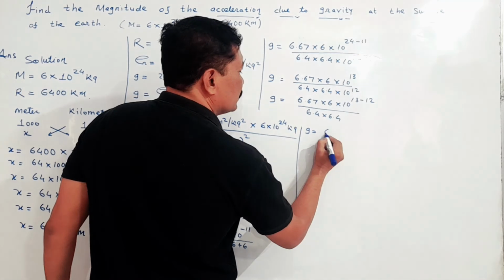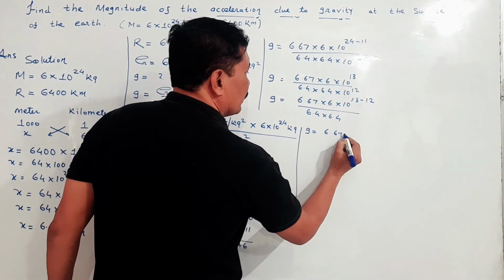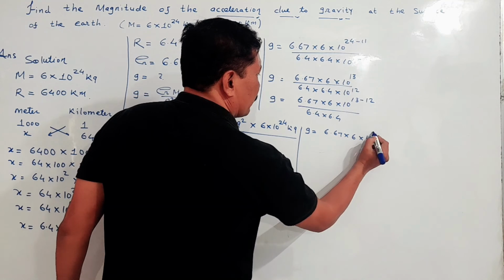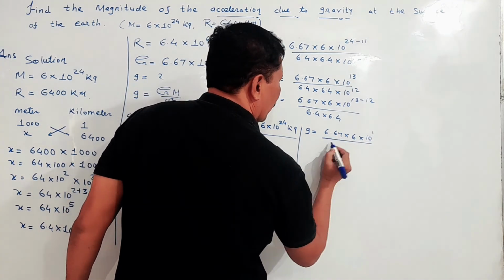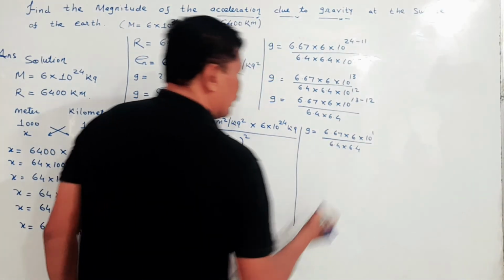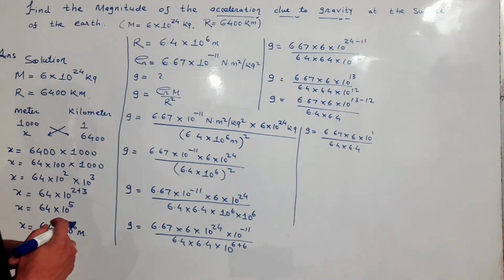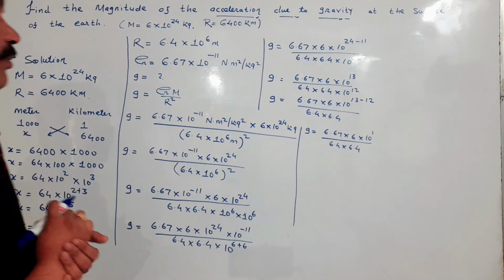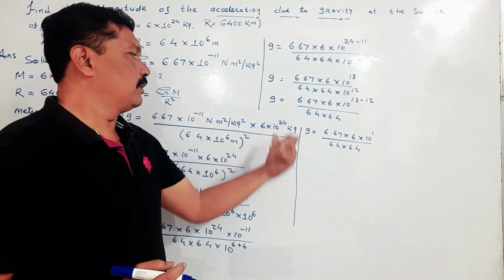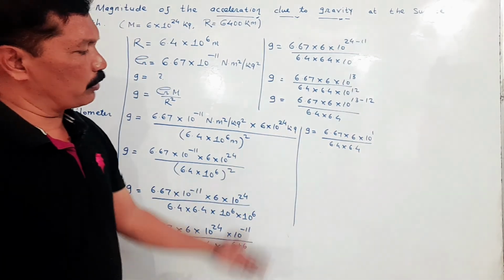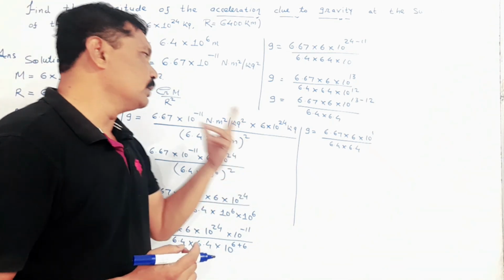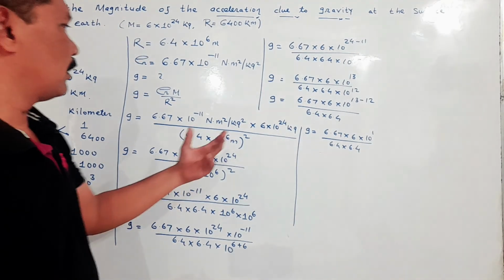g is equal to 6.67 into 6 into 10 to the power 1 upon 6.4 into 6.4. My dear student, here if you study this step, we have to remove the point, and the point we have to remove from the numerator and denominator, and we have to remove 2 digits from the point.